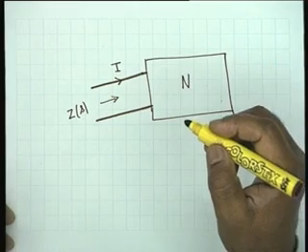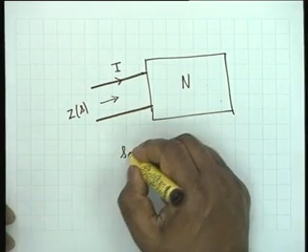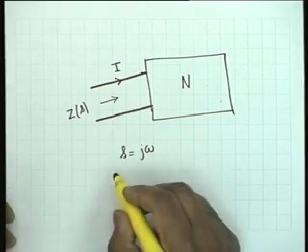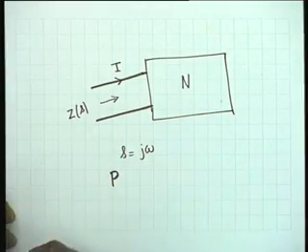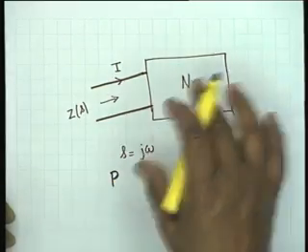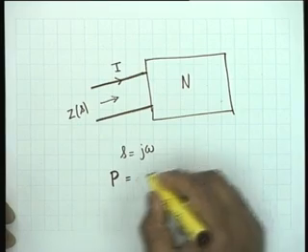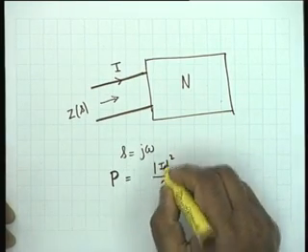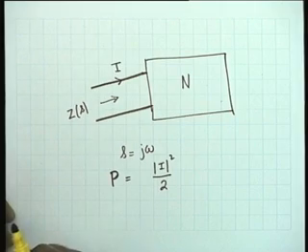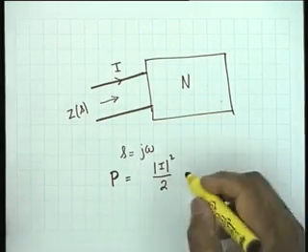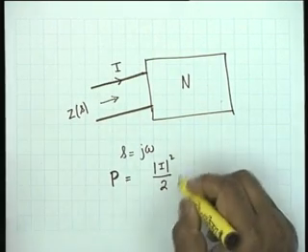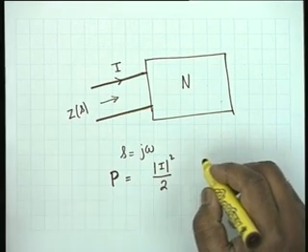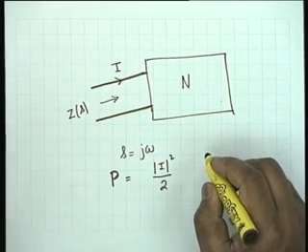Then for sinusoidal excitation, that is s equal to j omega, the power that is absorbed by the network shall be magnitude I squared divided by 2, capital I is the peak value, peak phasor, magnitude I squared divided by 2, this is the root mean squared current squared, multiplied by the real part.